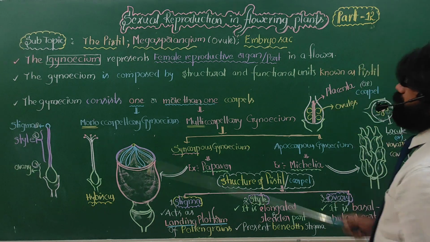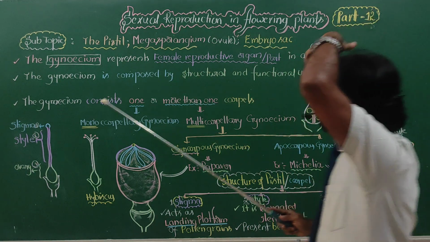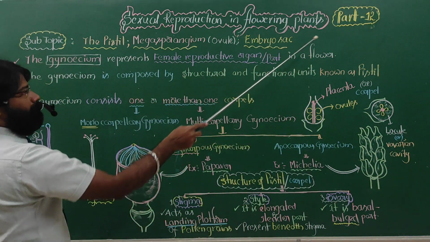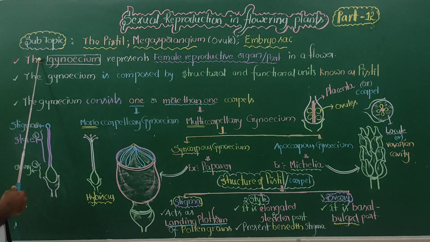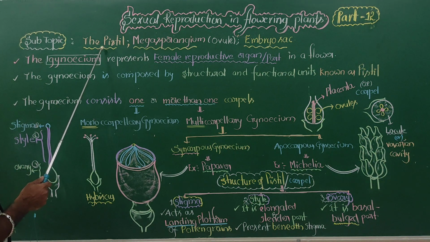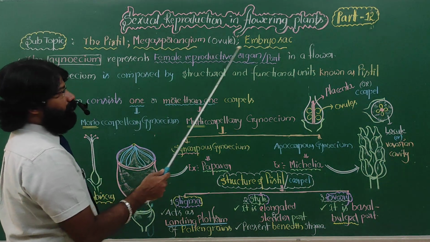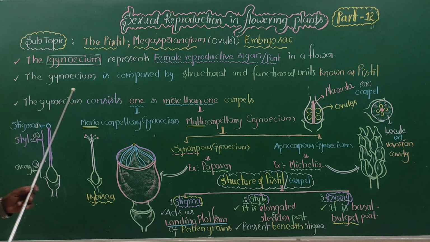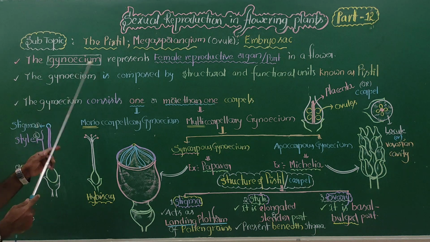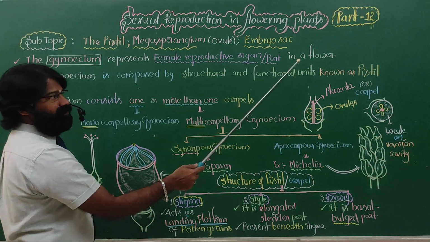See, sexual reproduction in flowering plants, part 12. Here the subtopic, as per NCERT, is the pistil, the megasporangium, otherwise called the ovule, and the embryo sac. Now, what do you mean by gynoecium? Directly you can say that the gynoecium represents the female reproductive organ in a flower.